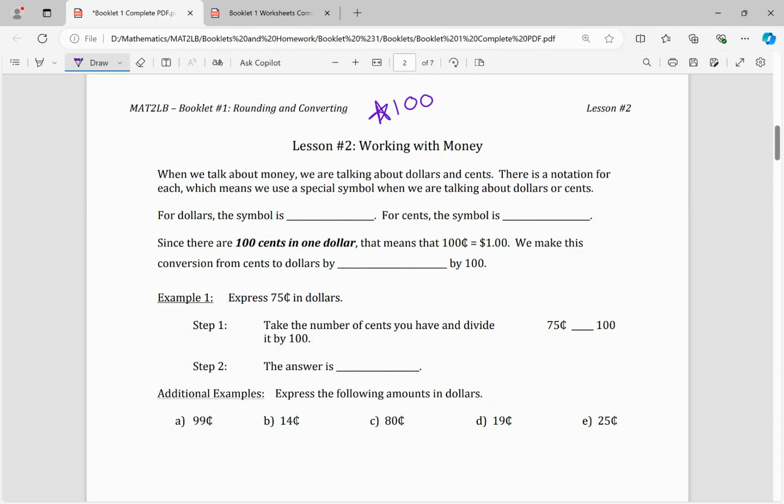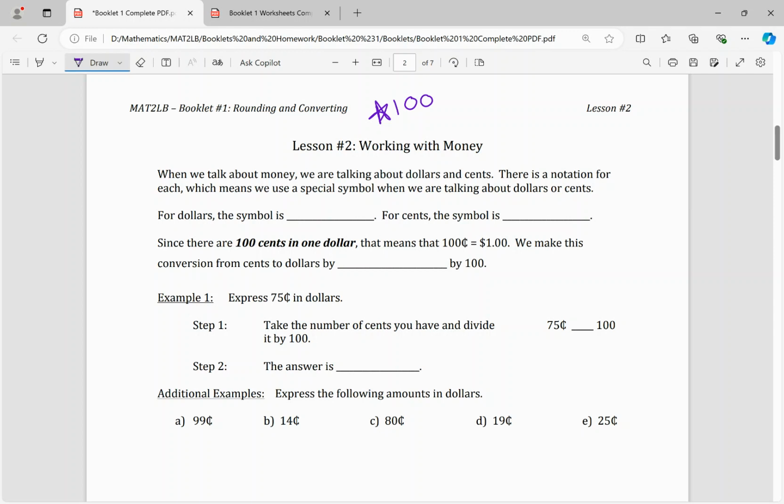Right? To convert means to change forms. So we're going to be changing from cents to dollars or from dollars to cents. So let's get started. Lesson 2, working with money. When we talk about money, we are talking about dollars and cents.